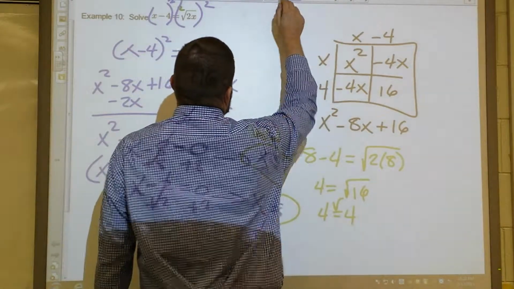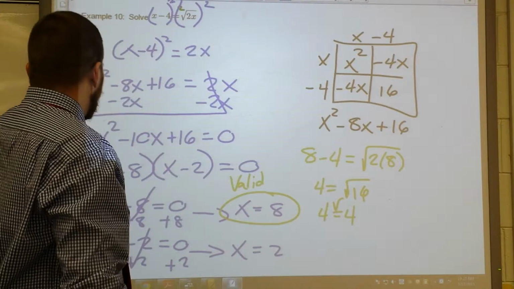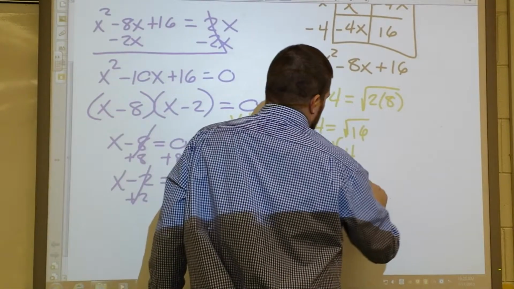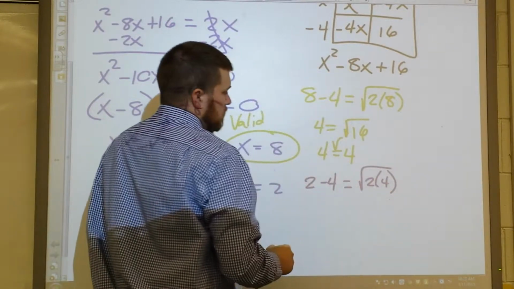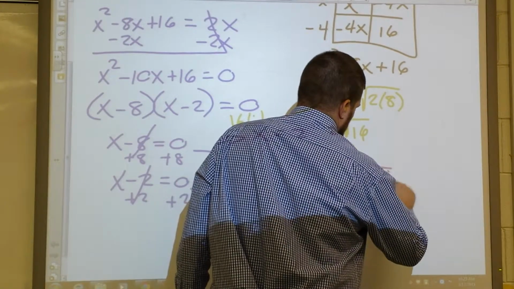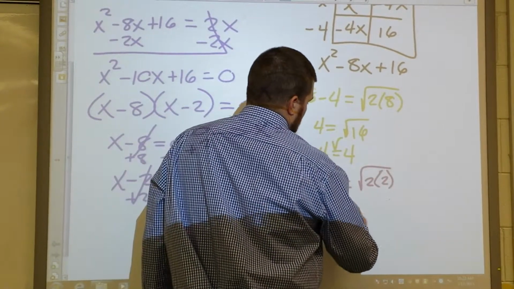Let's do the scratch work for x equals 2 in purple. Same thing, I'm going to plug into the original equation. So I have 2 minus 4 equals the square root of 2 times 2. Clean it up as much as you can. 2 minus 4 is negative 2.